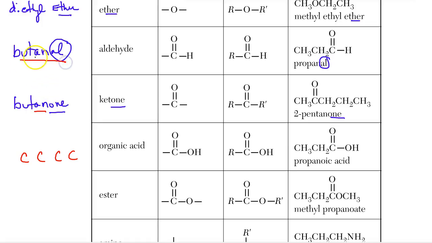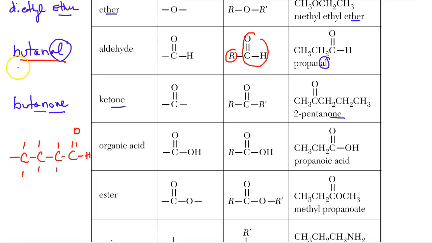So butanal would have the ane, so single bonds between the carbons, and the al means we have this functional group where the last carbon is double bonded to an O, single bonded to an H, and this R means the rest of the compound. I don't need that, so let's get rid of that, and let's add the H's in.